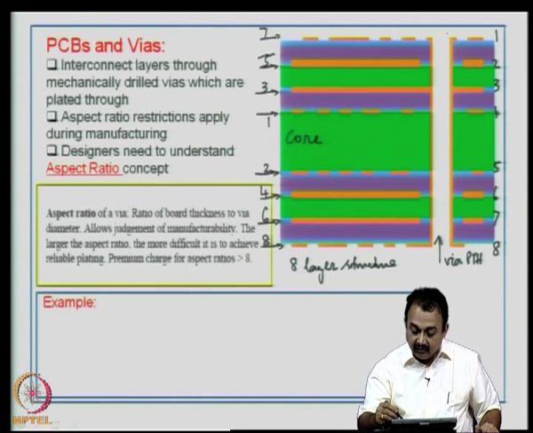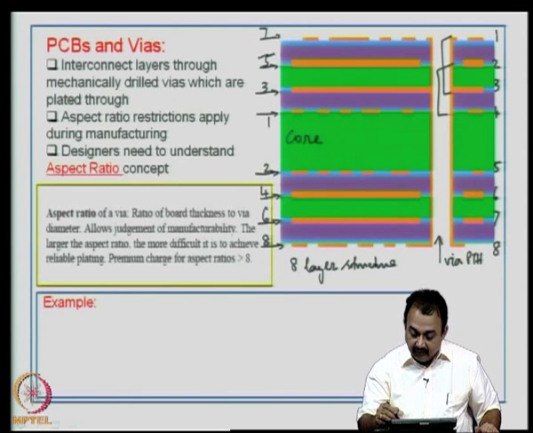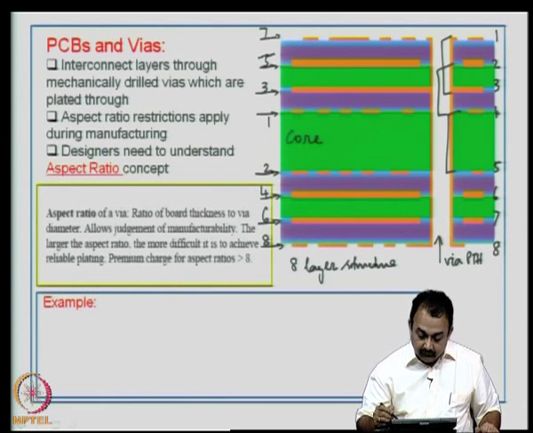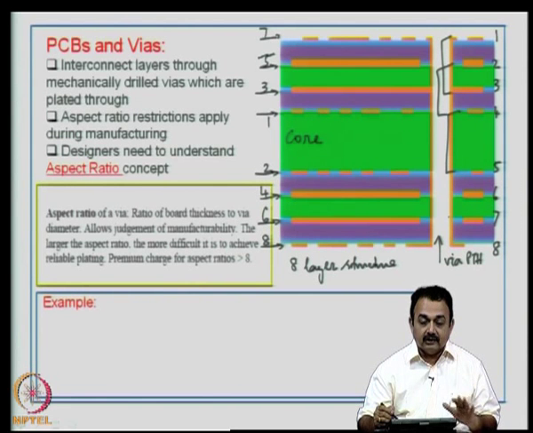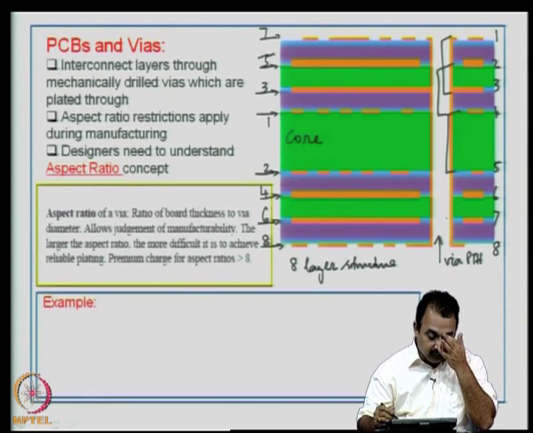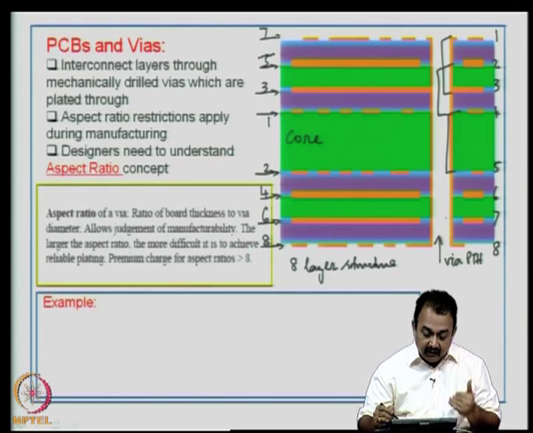Using mechanical drilling, you can connect any of the inner layers. You can connect layer 1 to 3, you can connect layer 2 to 4, typically layer 4 to 5 only, and similarly at the bottom. So, this depends on the design and your assignment for ground, plane and so on. So, these are the mechanically drilled vias.